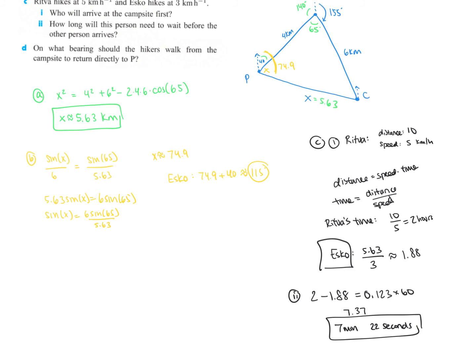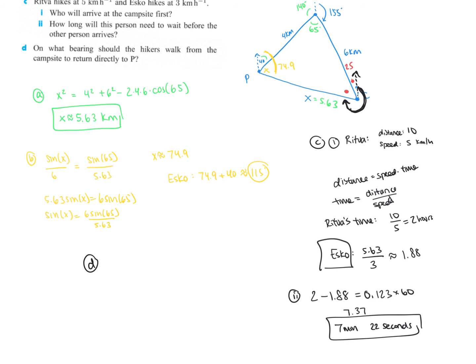Okay, he'll wait there. And then on letter D, it wants to know the bearings that they should hike from the campsite directly to P. So they want to know this information. What we can do is find this angle, because 155 plus this angle adds up to 180. So that would be 25. And then we can find this angle because all angles of a triangle add up to 180.